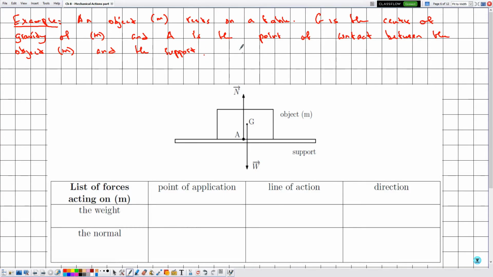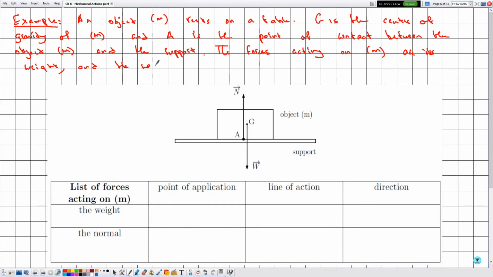And let me here say the forces acting on M in this case are its weight, W vector, and in this case the normal reaction.